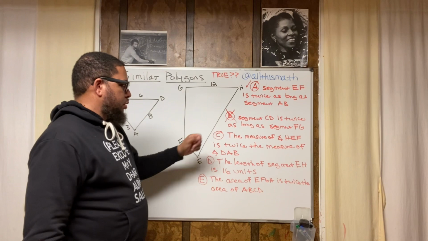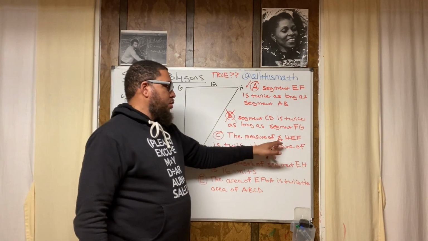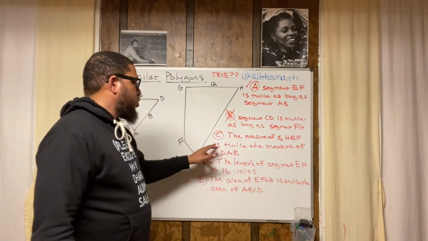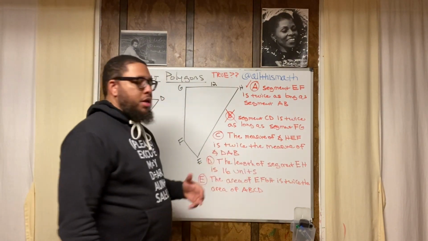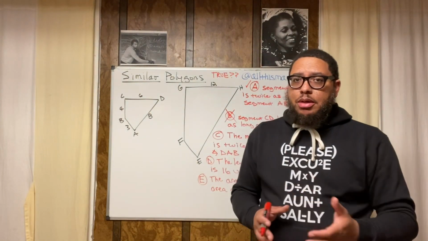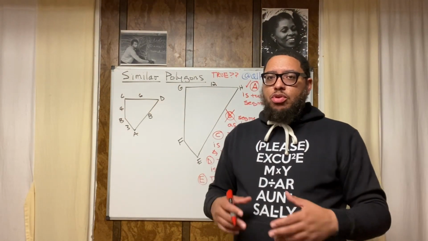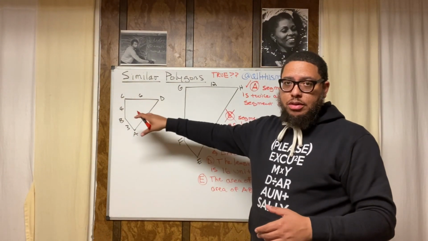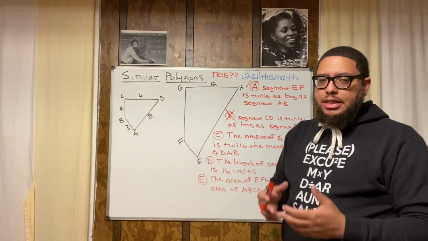Now, choice C: the measure of angle HEF is twice the measure of angle DAB. So again, this is something else you have to just memorize about similar polygons. When we're dealing with similar polygons, the angles are always congruent. The angles don't change. The sides may be double of each other, but the angles are going to be consistently the same.